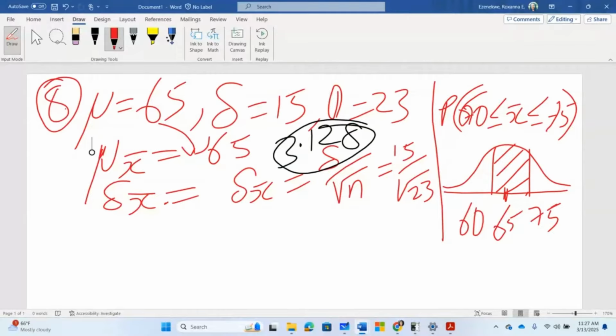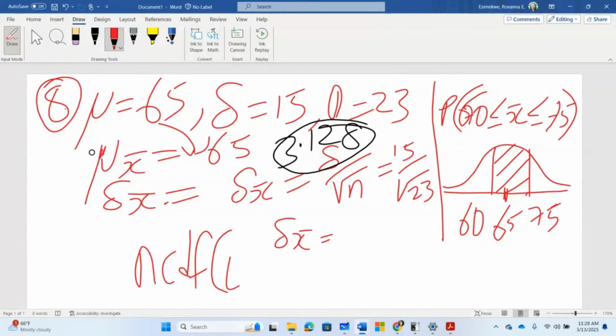First of all, I have calculated the standard error. It's going to be the normal calculation, but this time it's going to be normal CDF. The lower number is 60. This is raw data. The upper number is 75. The mean is 65.